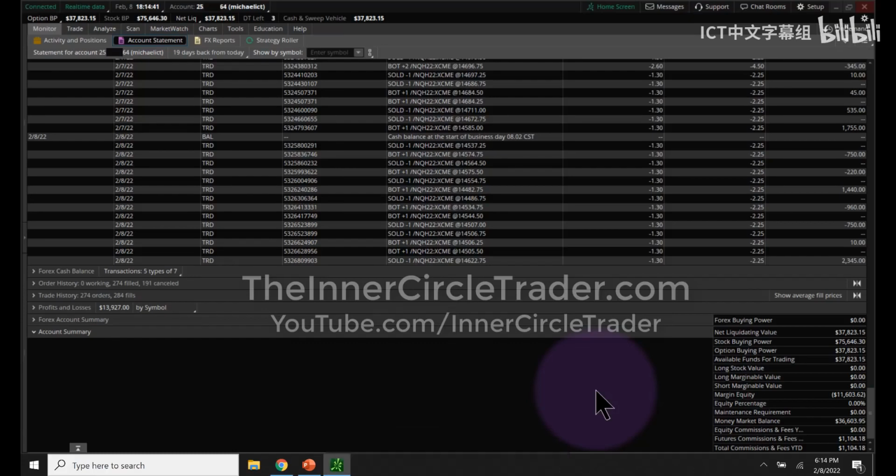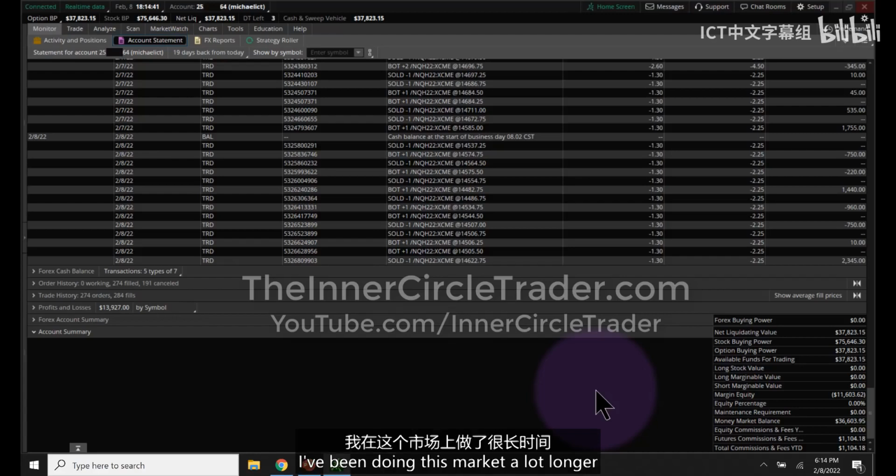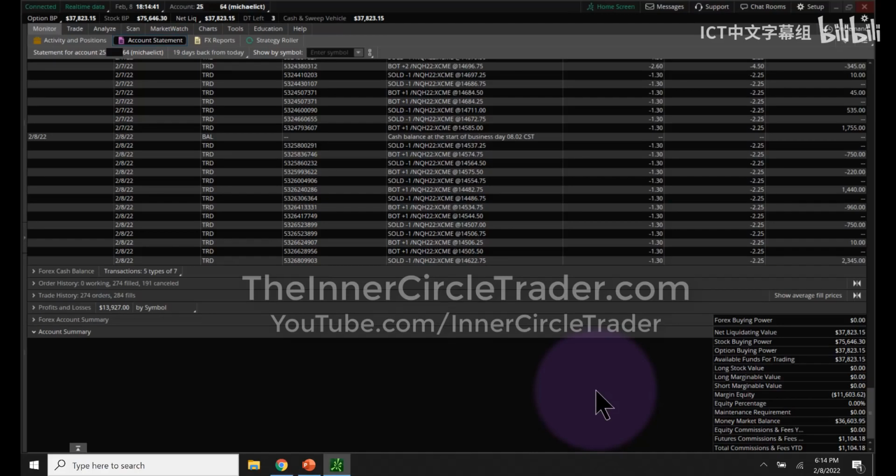So I'm going to trade this market. Also, as a compare and contrast, I've been doing this market a lot longer than Forex. Again, I started with these markets here and bonds, which when we get into May and June, I'll probably trade some bonds in here as well. I'll give you some tips on how that market works a little bit too.